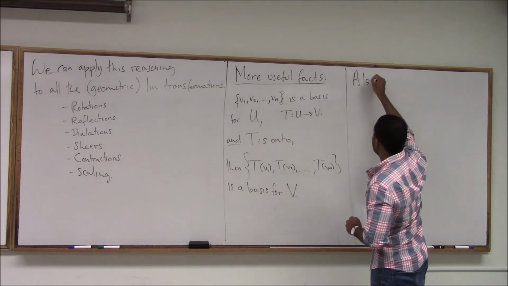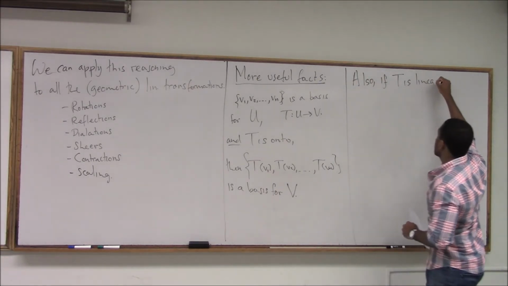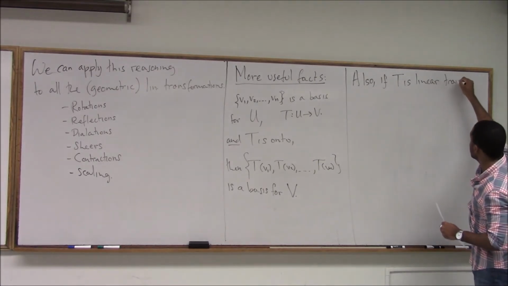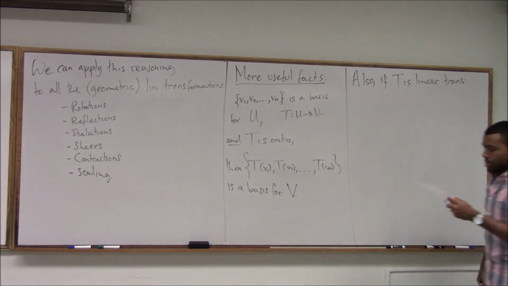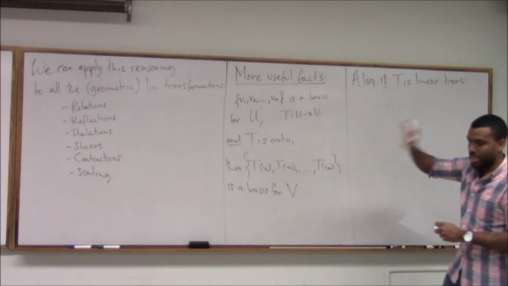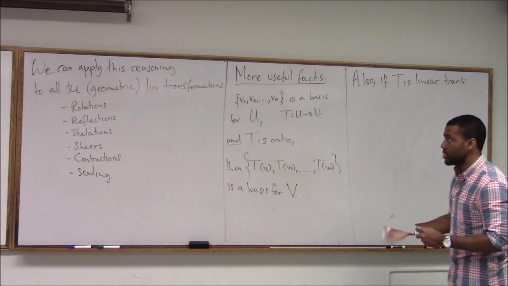Also, T is a linear transformation. The following facts are true. And again, literally every fact that I'm writing down here is something that in our matrix interpretation, we're just translating into a different language.